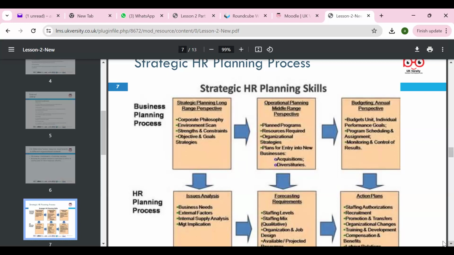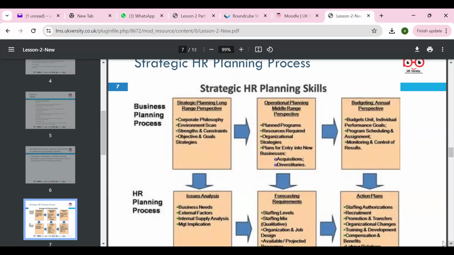HR planning issues include analysis of business needs and external factors, which we just mentioned, political and economic, and internal supply analysis. Also, can we supply internally? In one department, people with degrees, knowledge and expertise can move to another department to fulfill the needs of the business. That's also crucial.